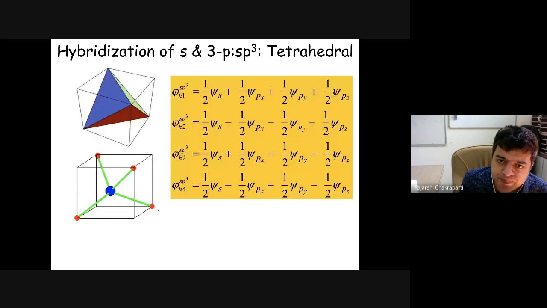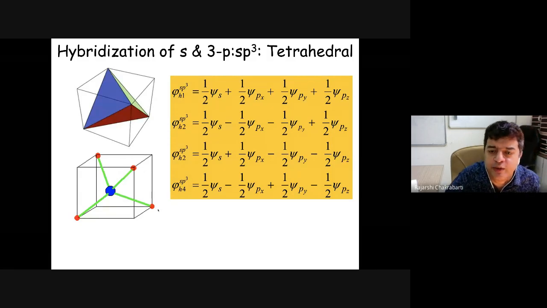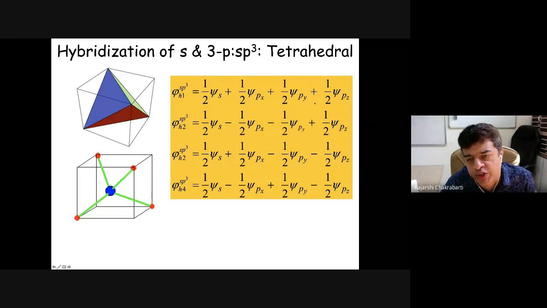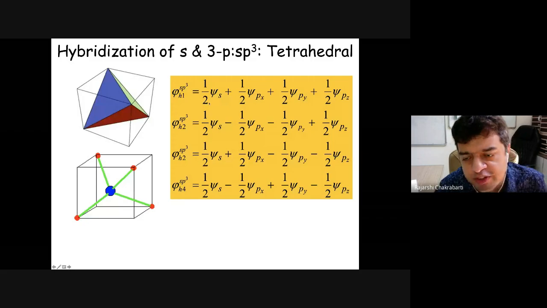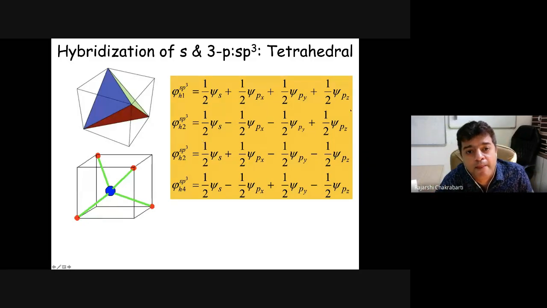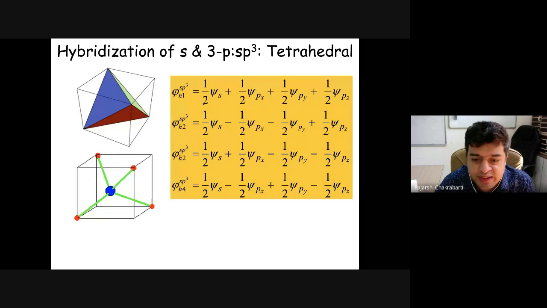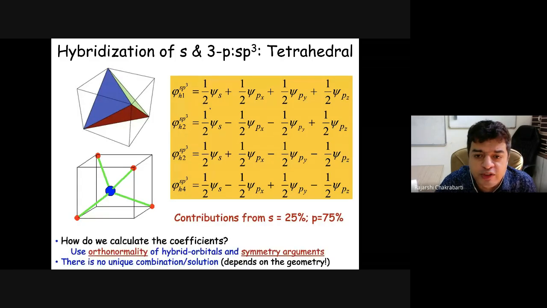If you're asked to construct these 4 equivalent hybrid orbitals, the coefficient is half, because this is how it is normalized, and each of them should be normalized. You play with the sign because of the directionality, and it will look something like this.